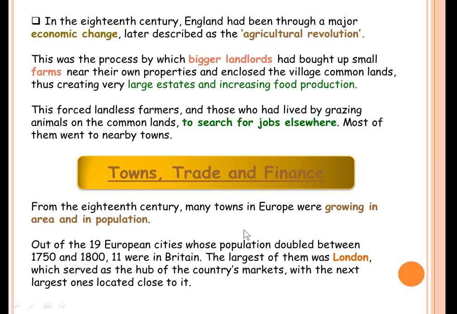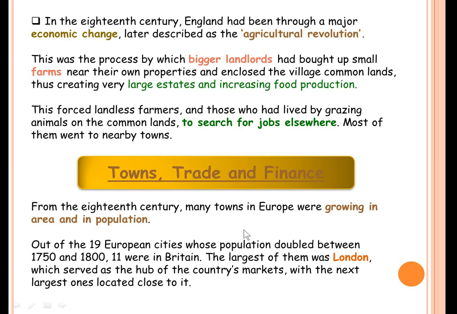And what happened? They were also working and getting wages and salaries, and many people started shifting to the nearby towns also. The population doubled in 19 European cities between 1750 and 1800. 11 were in Britain.